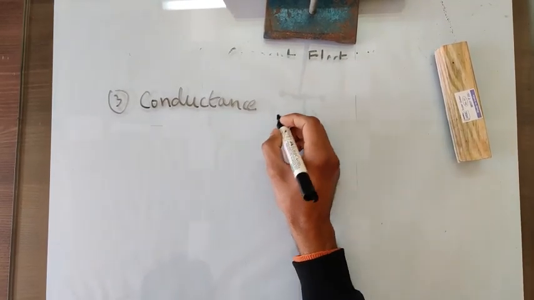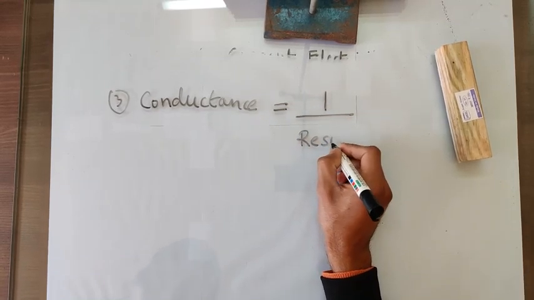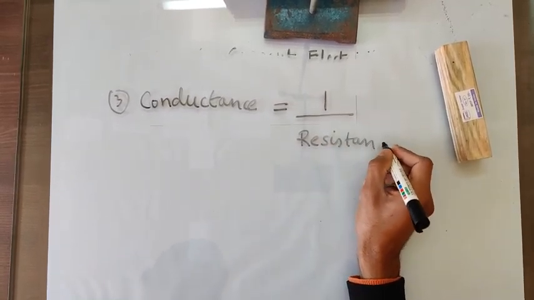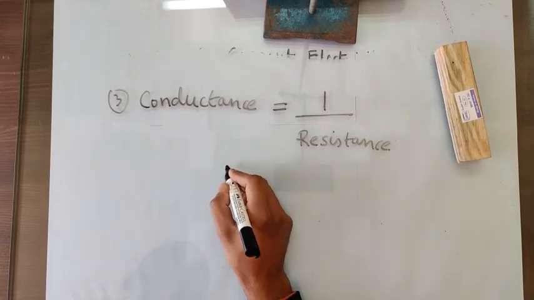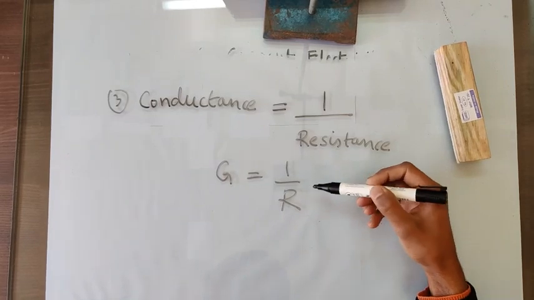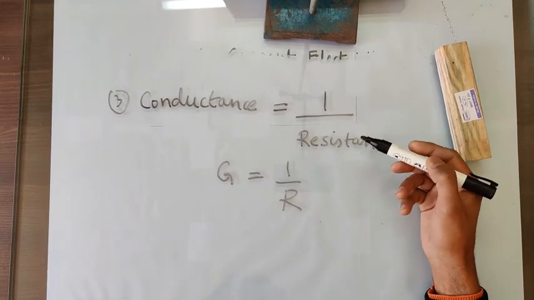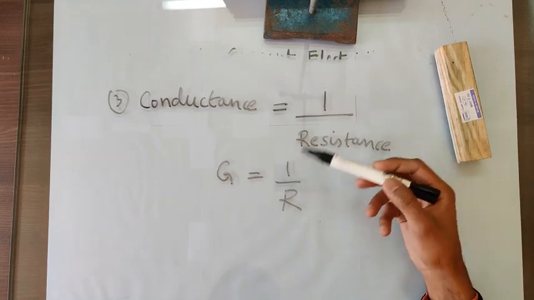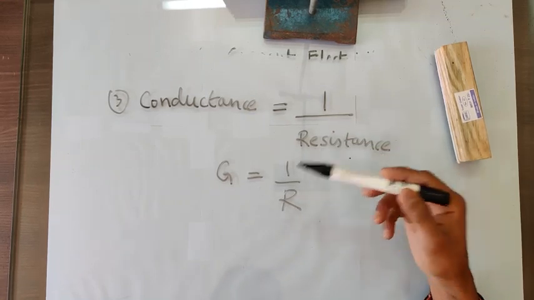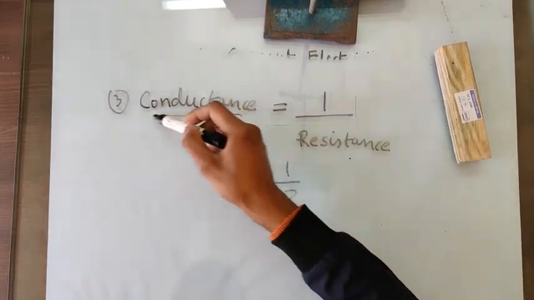Conductance is the reverse of resistance, which is denoted by G, which is equal to 1 upon R. Conductance of a conductor is the ease with which an electric charge flows through it, or it is numerically equal to 1 upon resistance. कितनी आसानी से कोई चार्ज फ्लो कर पा रहा है, ये हमें कंडक्टेंस बताएगा.